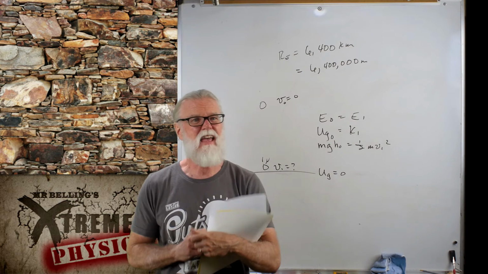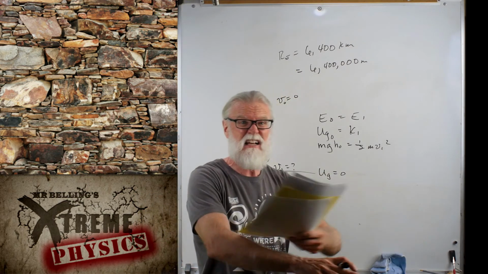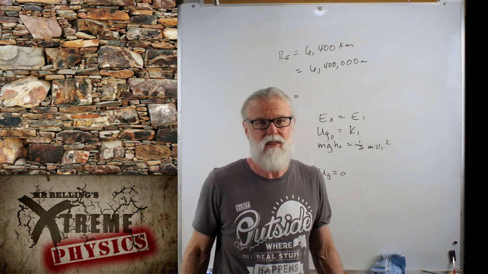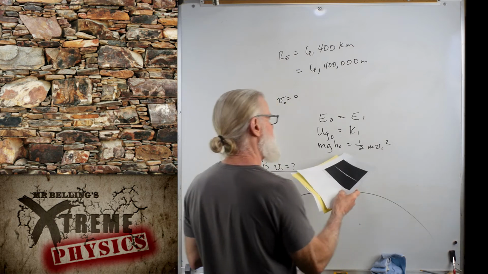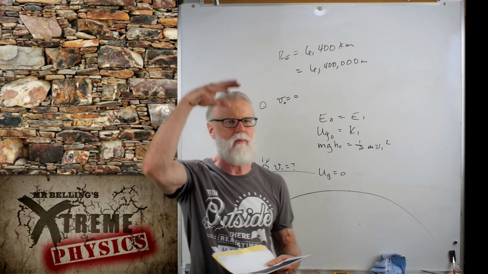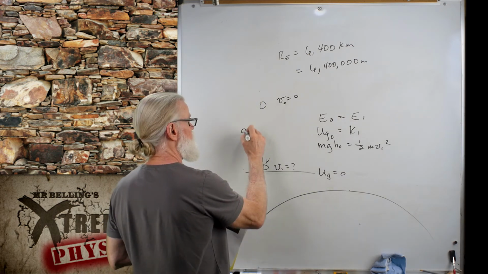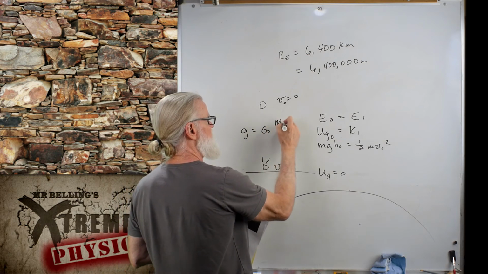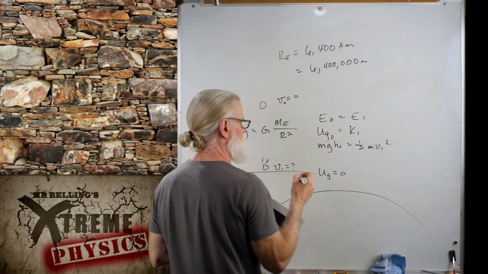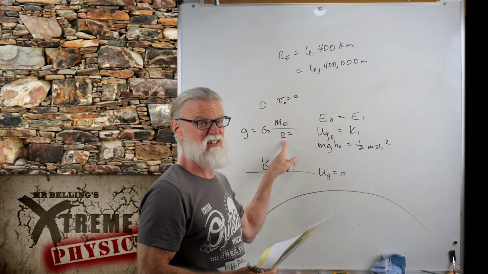And in your reading, they had the flat Earth approximation, right? Why does the Earth look flat to us? Because it's so big compared to us, right? We don't see the curvature of the Earth. It just looks flat. We can do this as long as we have the flat Earth approximation, because even if you went on the top of Mount Everest, when we calculate g, which is G mass of Earth divided by R squared, radius of Earth plus radius of Everest, well, this doesn't change.